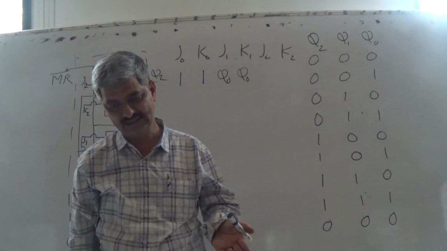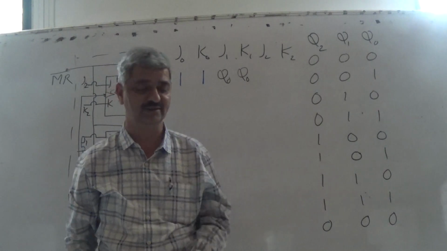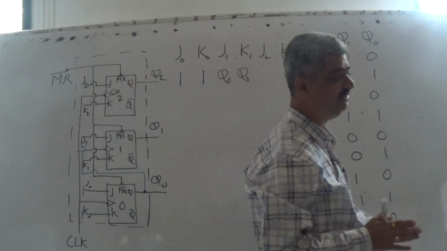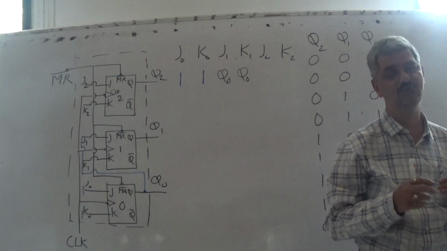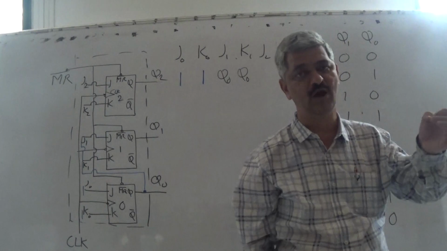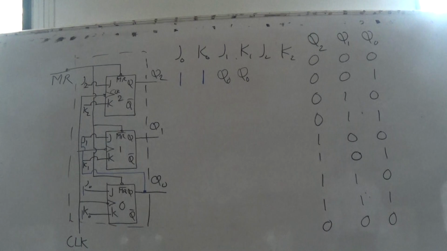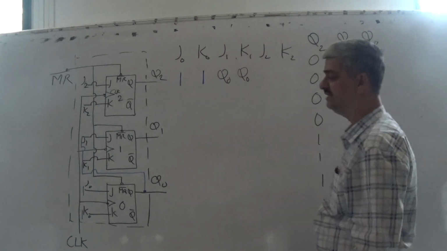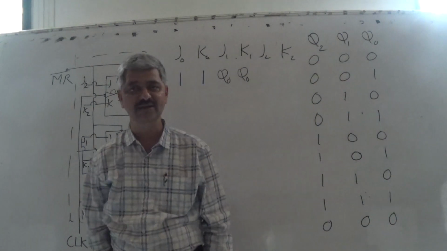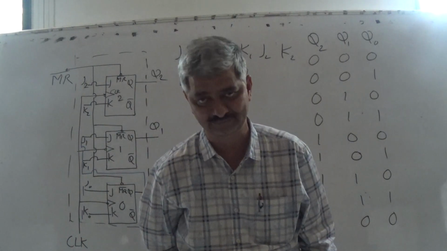So, Q0 is directly connected to J and K of flip-flop number 1. So, J1 equal to K1 equal to Q0. So, you short J1 and K1 and connect it to Q0. So, output of flip-flop number 0 is connected to the common input of J and K of flip-flop number 1.